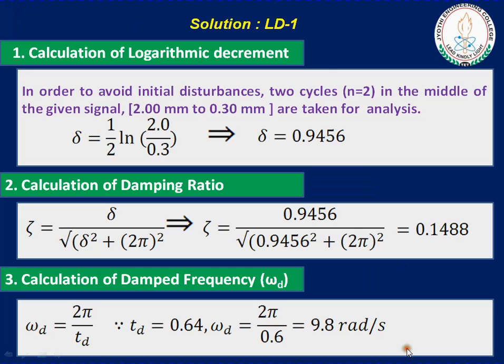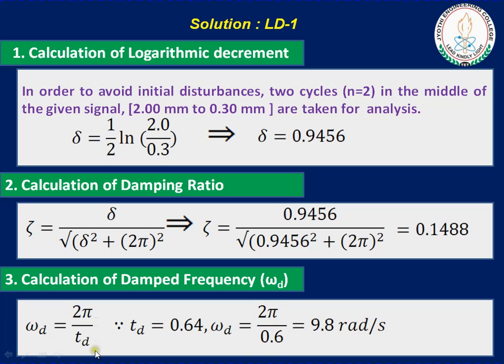So the solution will be delta equal to 1 by 2 natural logarithm of 2 by 0.3, that will be the logarithmic decrement. Similarly, zeta equal to delta divided by root of delta square plus 2 pi whole square, that will give the value of zeta 0.1488. Then how do you calculate the damped frequency omega d?